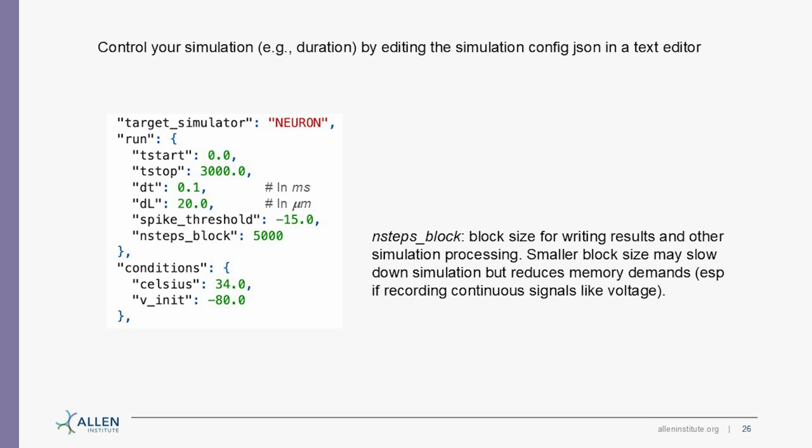And under the run section, you specify your simulation parameters: when you want to start the simulation, for how long, the time discretization, in this case the spatial discretization for your model when you build your model in NEURON, the spike threshold, as well as the steps at which you will be saving your data. And you have the initial conditions for your simulation.